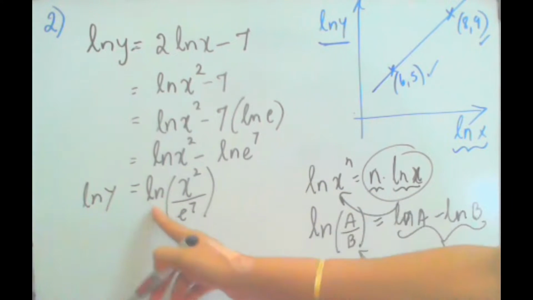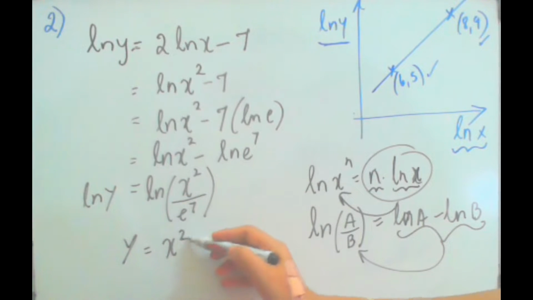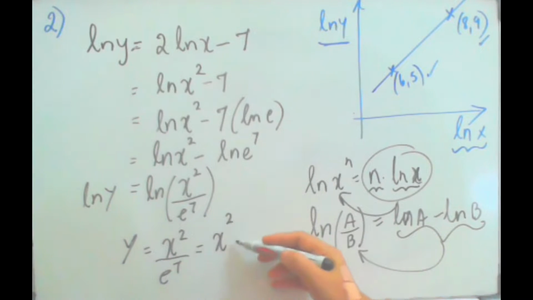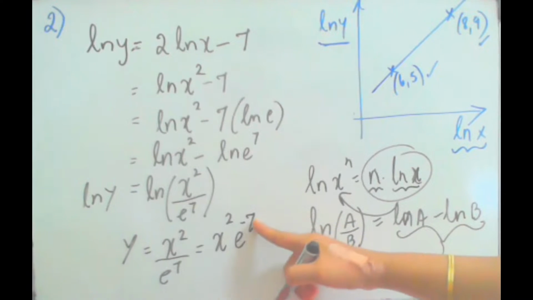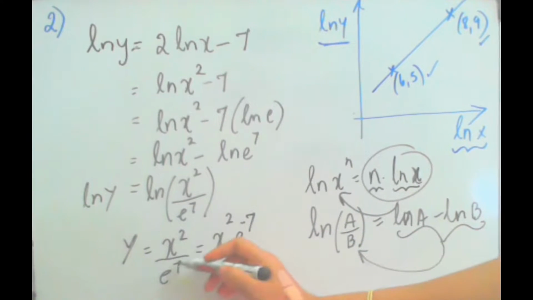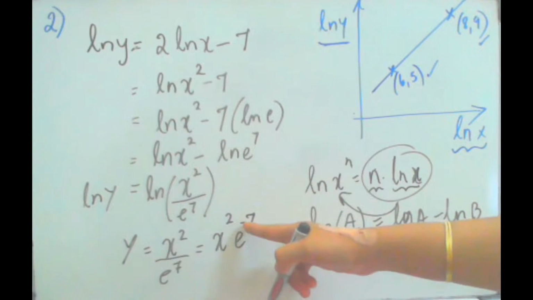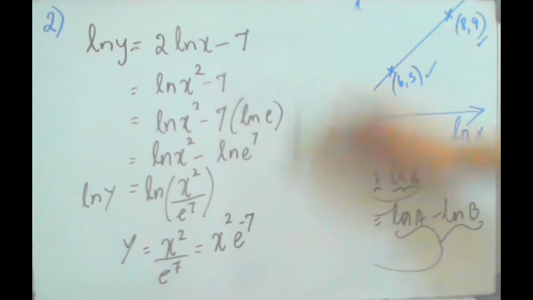So ln y is equal to ln of something in the bracket, ln on both sides. So this clearly tells us y is equal to x square divided by e power 7, which we can write as x square into e power minus 7. Because any number in the index form, you can change its position by just reversing its index sign.